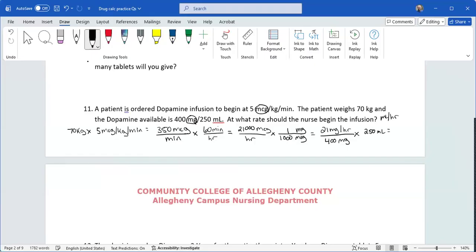So 21 times 250 divided by 400. And I get 13.125 ml per hour. And we're going to round that to the nearest tenth. So 13.1 milliliters per hour.